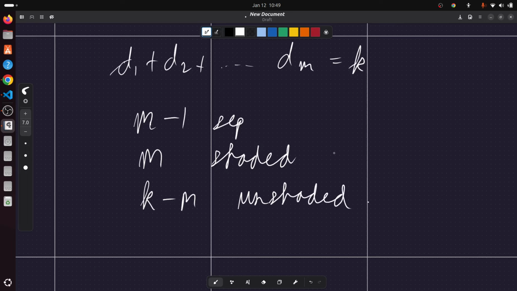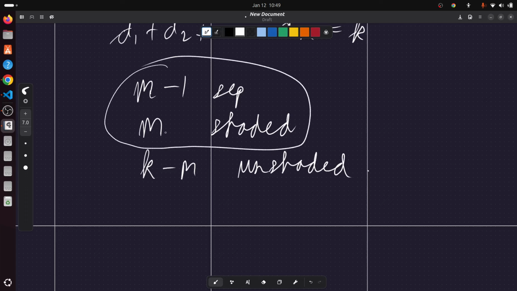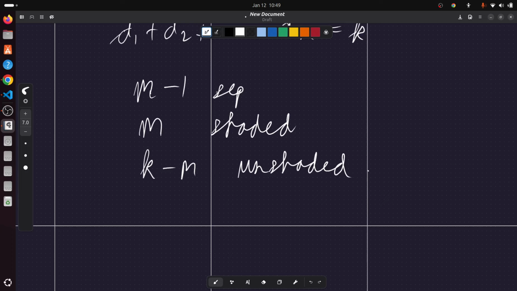Okay, and finally the answer is: the order of separators and shaded balls is fixed, right? So this is an object of one type and this is of another type, so we have to arrange them. So basically we have a total of 2m minus 1 objects of one type and k minus m objects of another type.